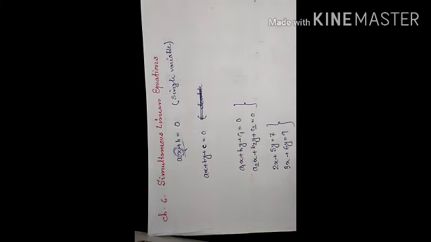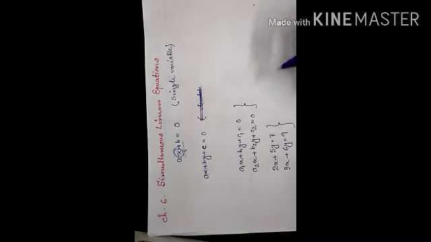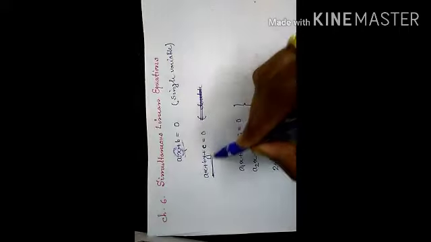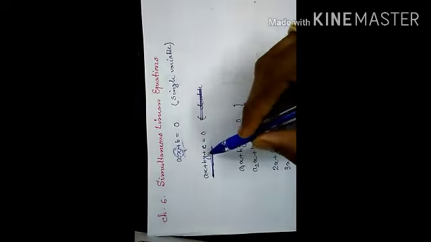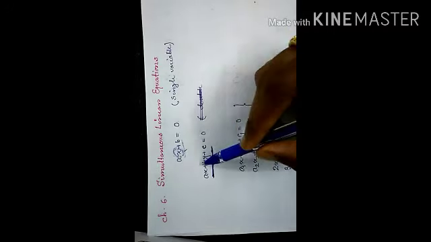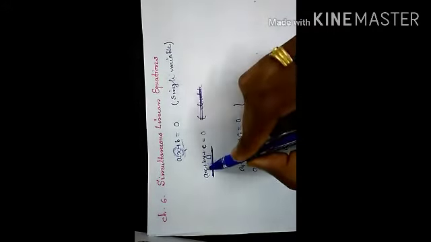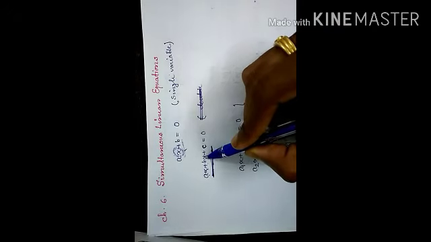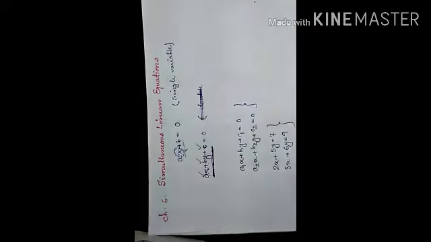Now, linear equation with two variables. That means here we need an equation which carries two variables. Suppose that type of equation is in the form of ax plus by plus c equal to 0, where x and y are the variables, and a, b and c are the constant terms.